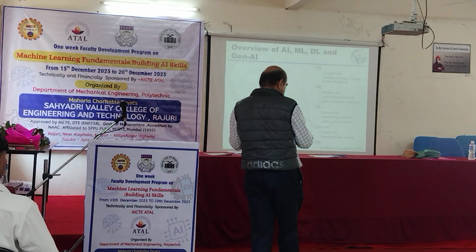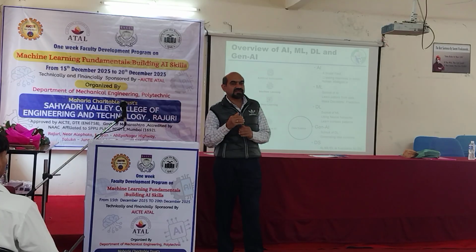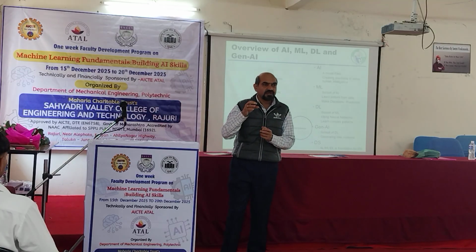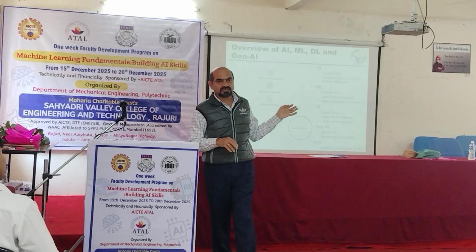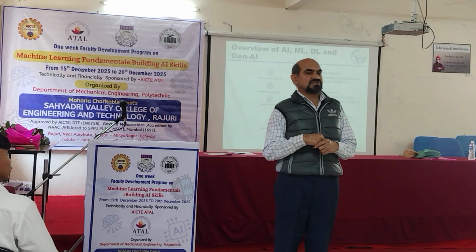We can say that it is a broad field of creating machines to mimic human intelligence. It means we have to transfer human intelligence to the machine. We can't transfer only the emotions.